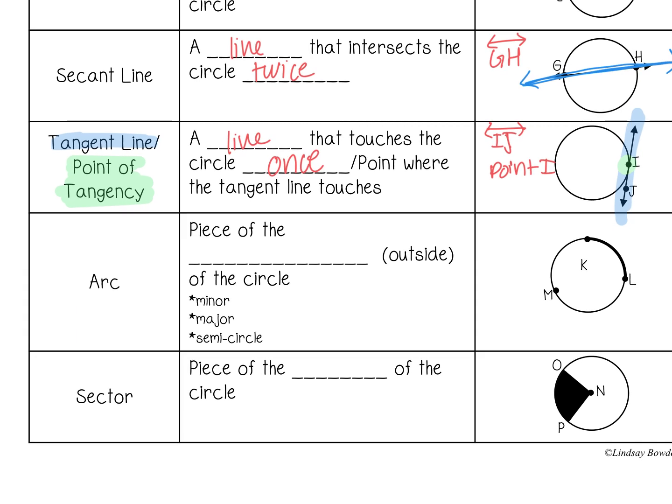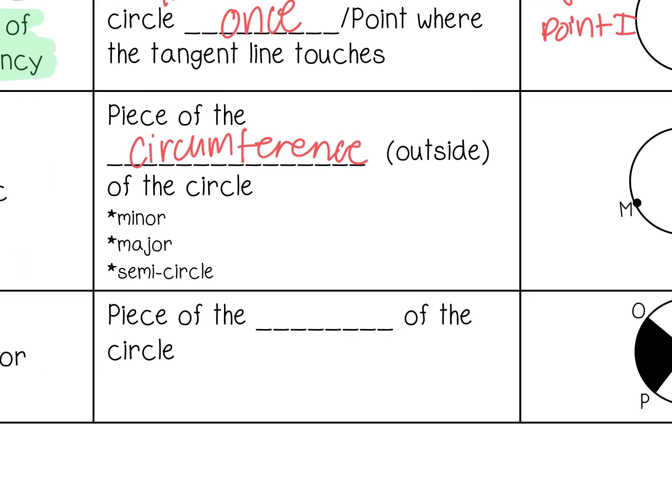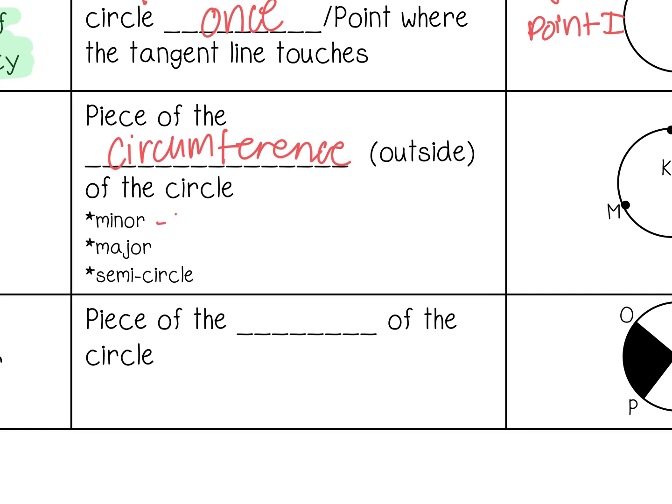All right, arc. Arc is a piece of the circumference, and you have to know the difference if it's a minor arc, a major arc, or a semicircle. So I'm going to go ahead and write that in. A minor arc is less than 180. Major arc is more than 180.